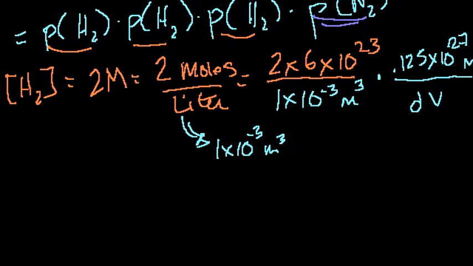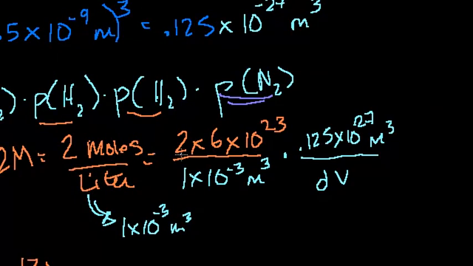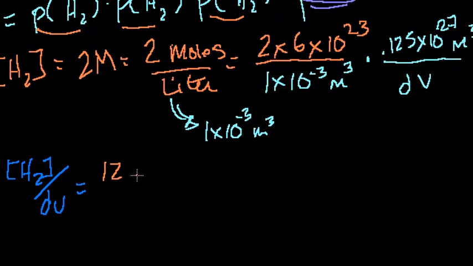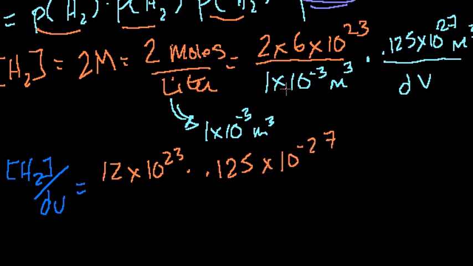So my hydrogen per box, my concentration of hydrogen per dV is equal to 12 times 10 to the 23rd power times 0.125 times 10 to the minus 27th power, all of that divided by 10 to the minus 3, right? That's 1 times 10 to the minus 3. So let's cancel out some exponents.